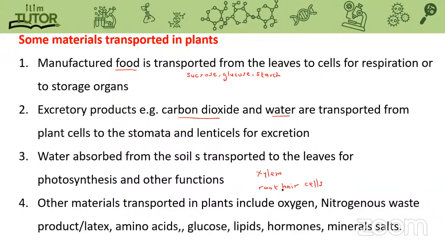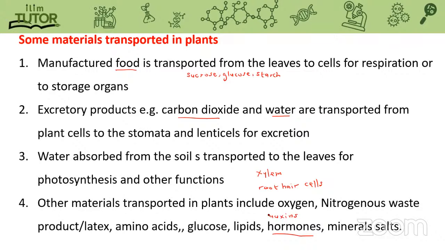Number 4, other materials transported in plants include oxygen, nitrogenous waste, latex, amino acids, glucose, lipids, hormones, mineral salts. I'm going to talk about hormones, for instance, which some of us might know as auxins, gibberellins, cytokinins, florigens.